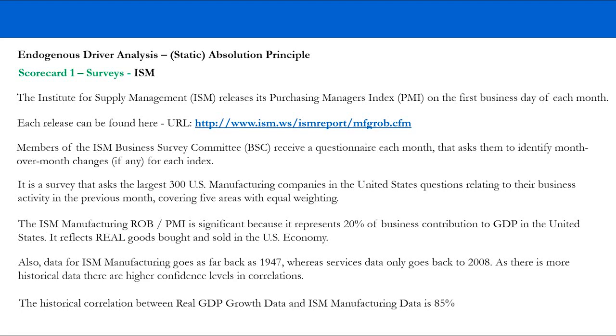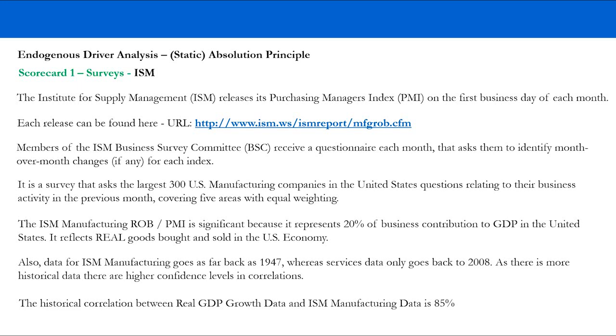And basically the way this works is the members of the Institute for Supply Management and the Business Survey Committee receive a questionnaire each month that asks them to identify month-over-month changes for each index within the overall composite index. So the sub-indices make up the overall composite index.